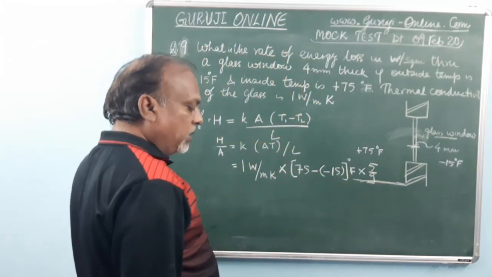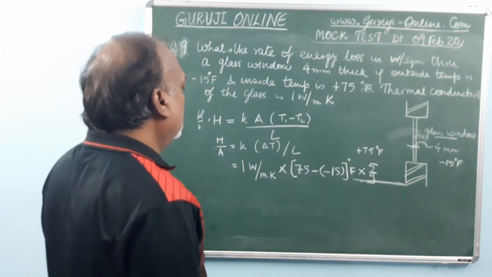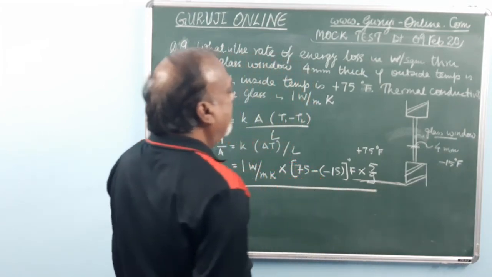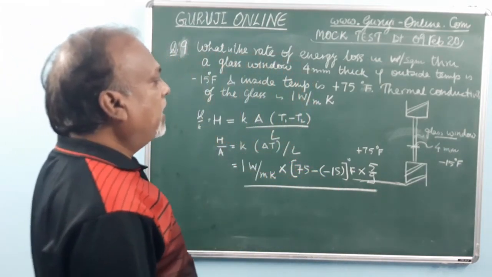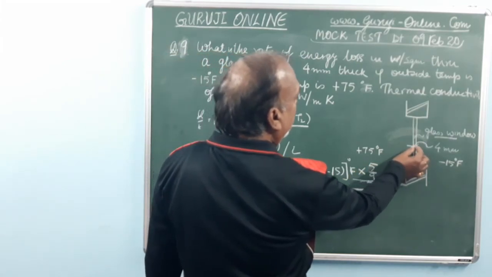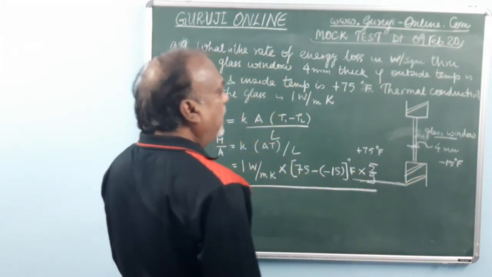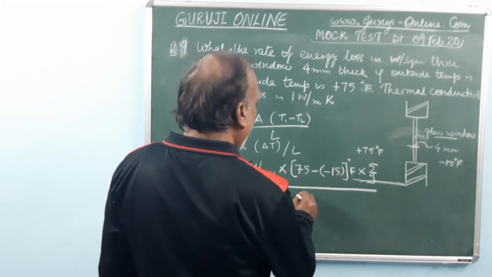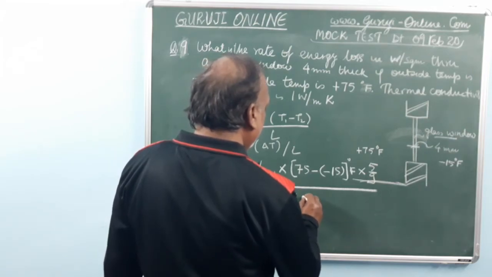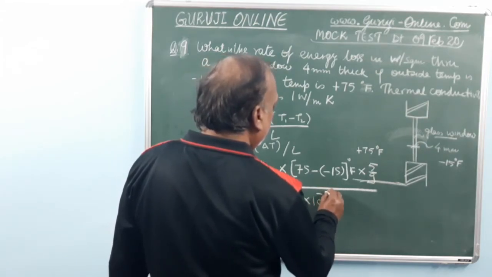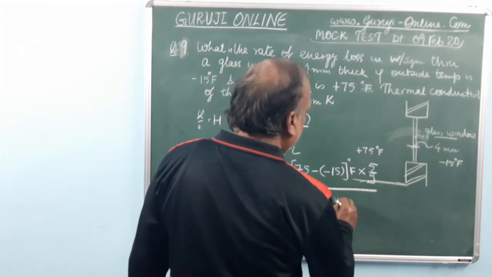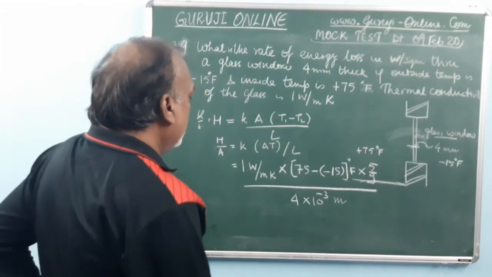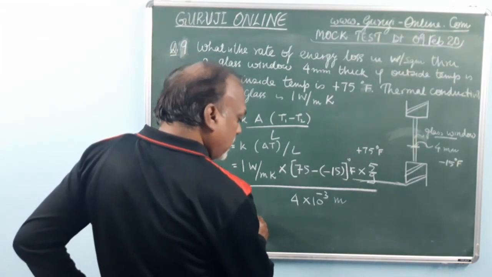Now what is remaining? L. Here L is this, because this is the interface of transfer of heat. So L is nothing but 4 mm, correct.